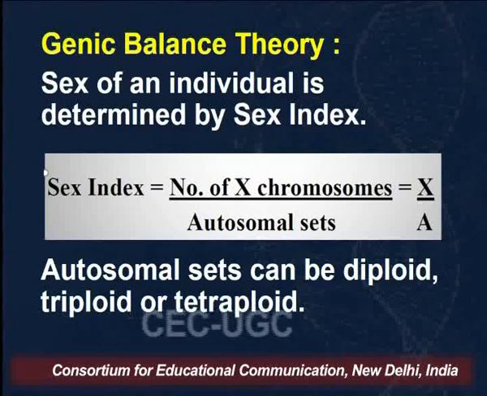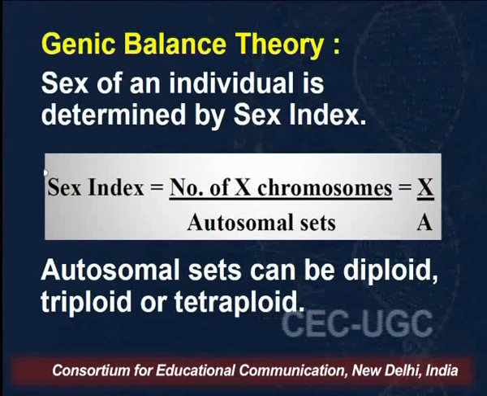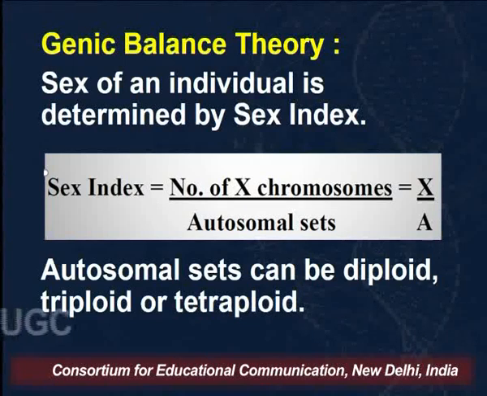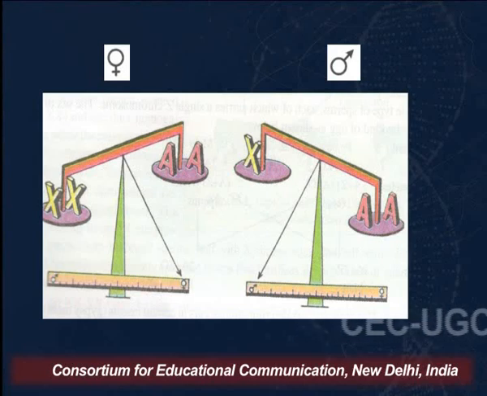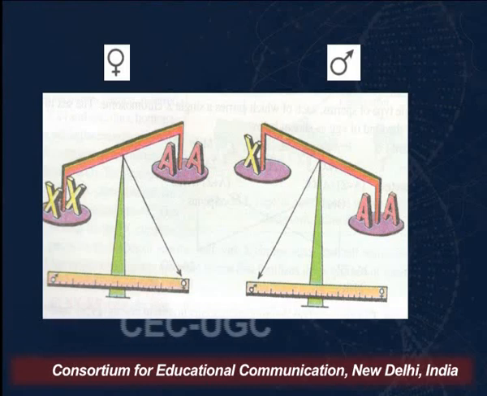Not the number of autosomes, autosomal sets. So autosomal sets can be diploid, triploid or tetraploid, and we designate it as X by A. Now, on your screens you will find a type of a balance. If there are more of XX, naturally you can expect a female progeny, and if it is the opposite, you have more of autosomes, then the tendency is more towards maleness.